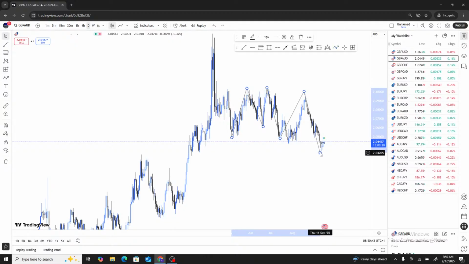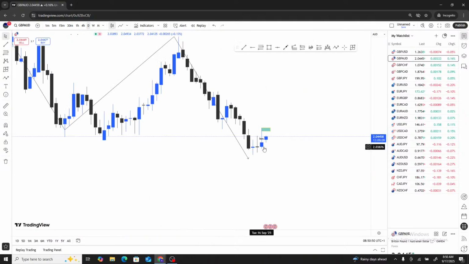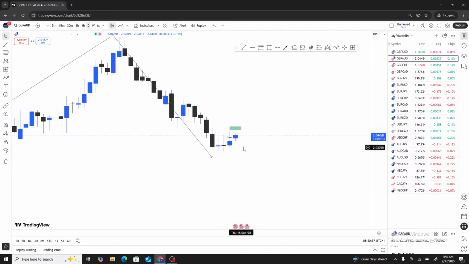So even the last candle from yesterday, you can see that it gave a lot of rejection. You can see a rejection candle from yesterday's price action on GBP AUD. So whenever you see this kind of rejection, it means there should be momentum to the downside.